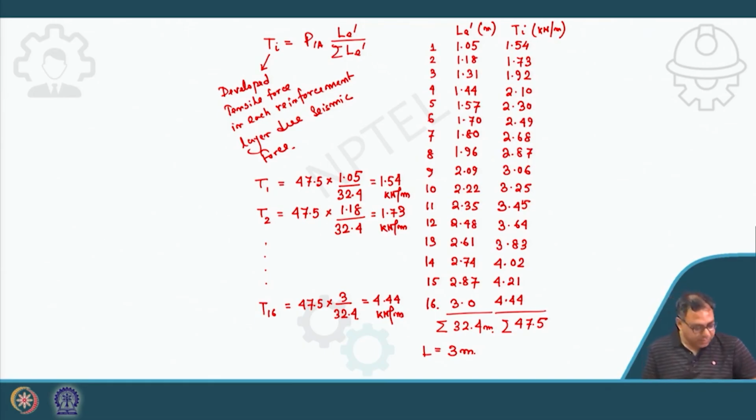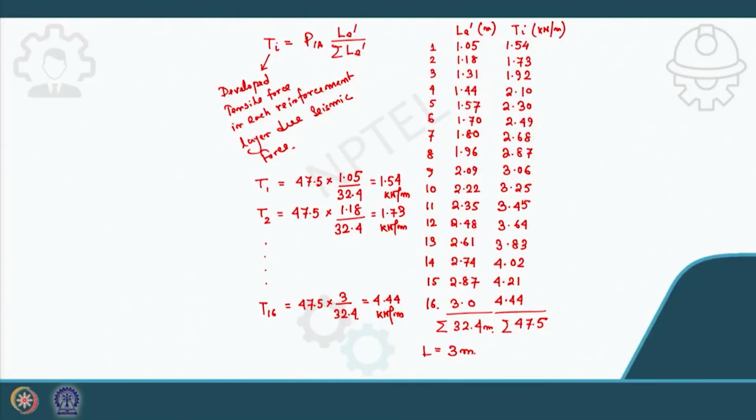So you can see the maximum force will be distributed to the lower reinforcement, and that is 4.44. In the next class, I will check this reinforcement force that is developed, the tensile force of 4.44 kilonewton per meter, which is the maximum force. That is the force due to the seismic effect, and we already have the tension force developed due to the static load.